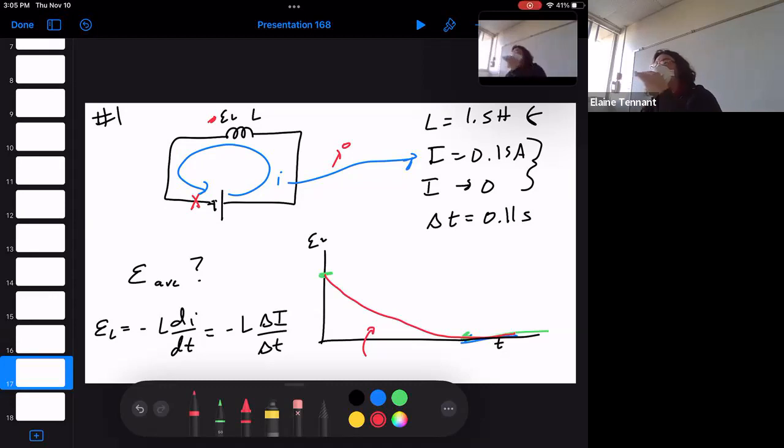It wants things to stay the same. So if it saw this current going counterclockwise, it wants to keep a current going counterclockwise. So in fact, it would make a voltage that looked like a battery going that way to keep current going in the counterclockwise direction. Is everyone kind of happy with that? Okay.